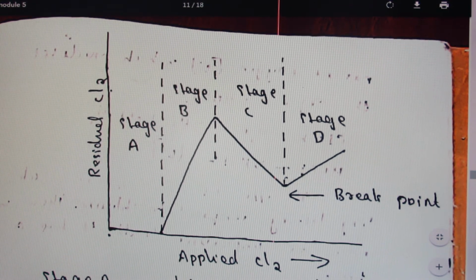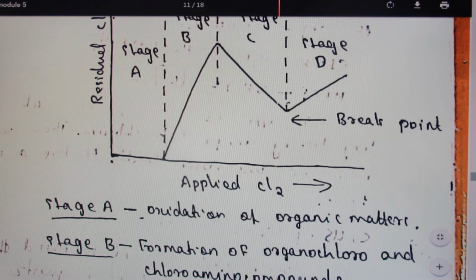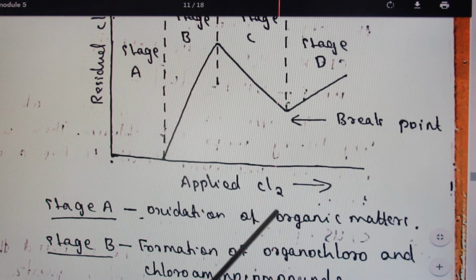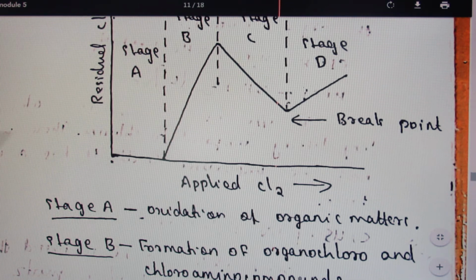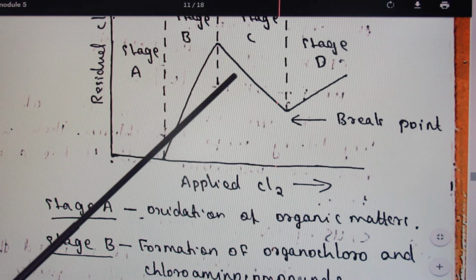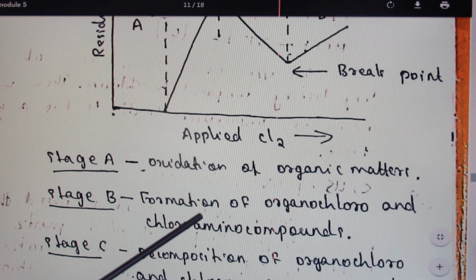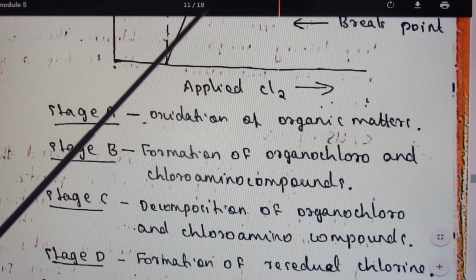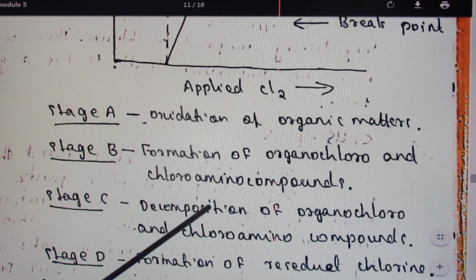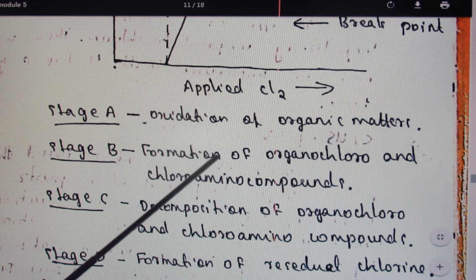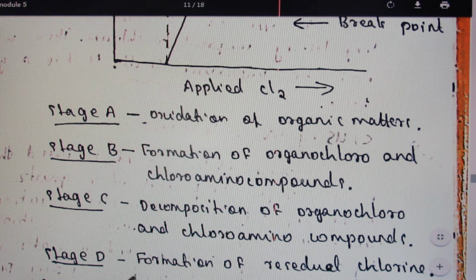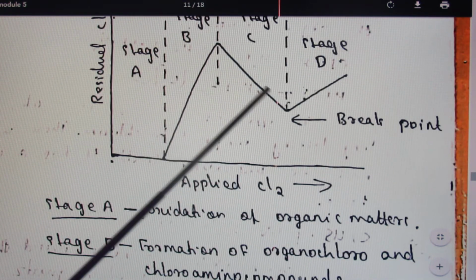We can just look at stage A. Stage A, oxidation of organic matter occurs. Stage B, formation of organochloro and chloroamino compounds. In stage C, decomposition of the above mentioned compounds, and stage D, formation of residual chlorine here.